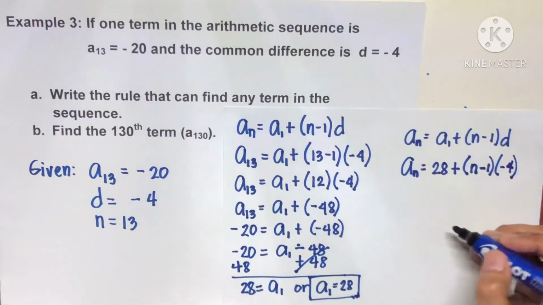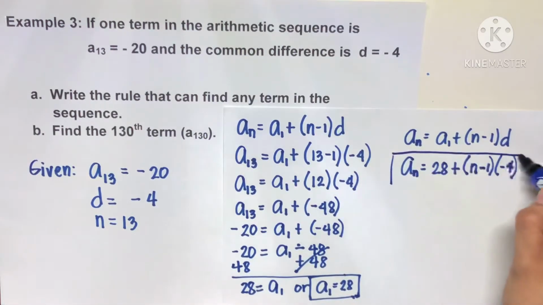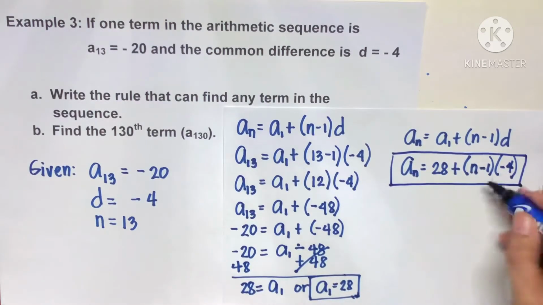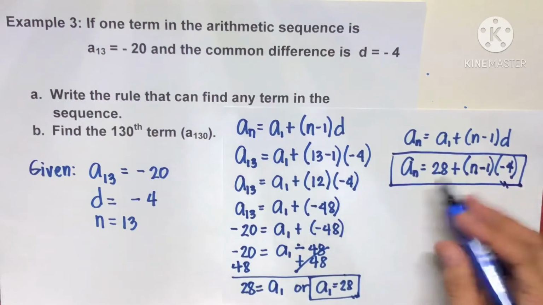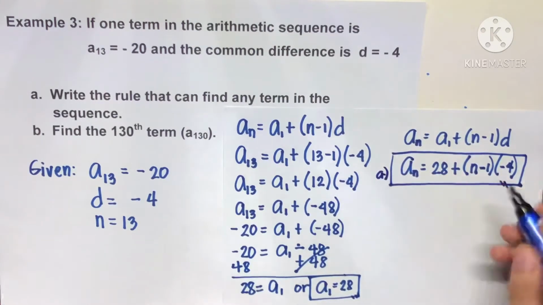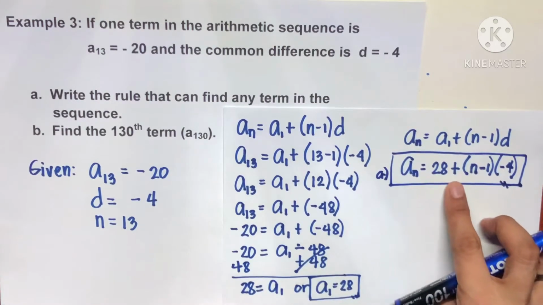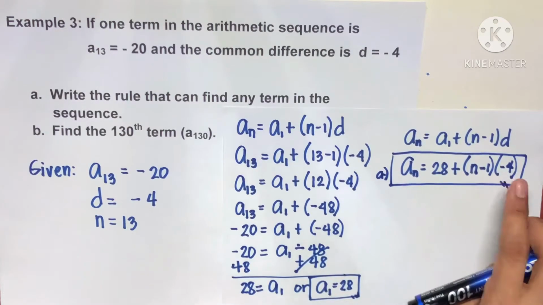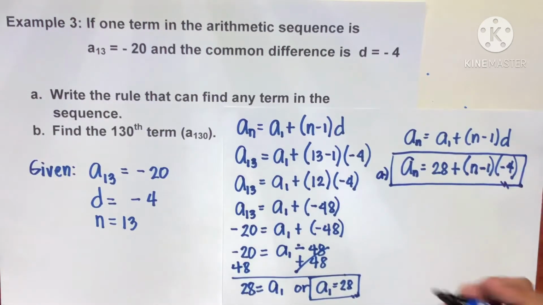So we will use this formula to check whether a sub 13 is indeed negative 20. So this is now the answer for our letter A. This is now our rule. A sub n is equal to 28 plus the quantity of n minus 1 times negative 4. But we will check first if indeed a sub 13 is equal to negative 20.